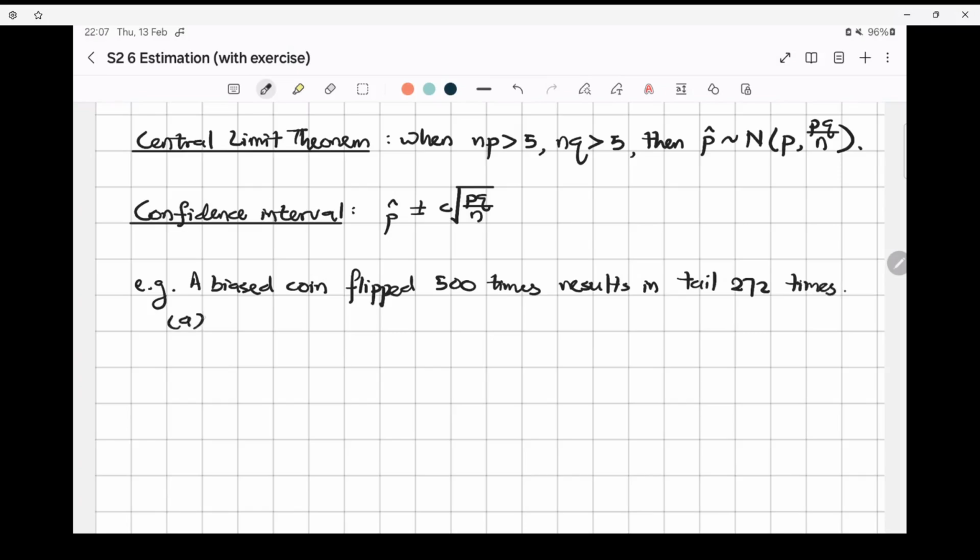Part A: find the 90% confidence interval for the probability of getting a tail.